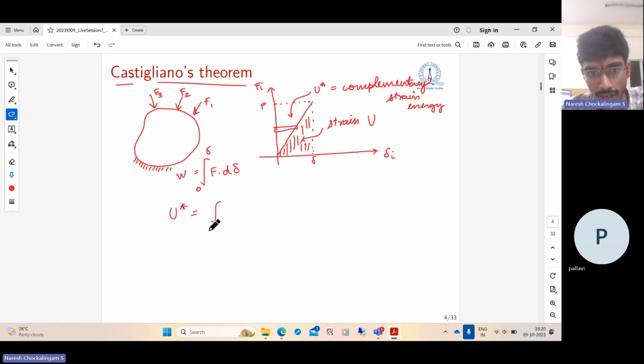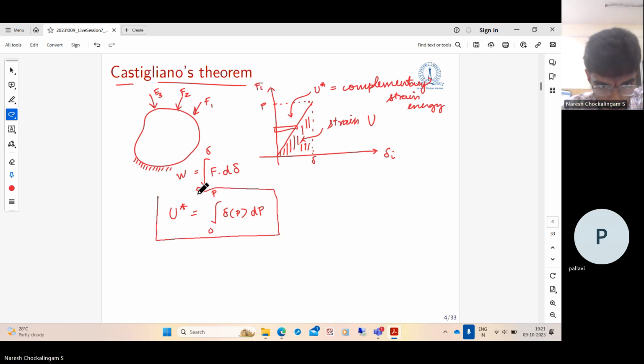U star is equal to integral 0 to P. You have the displacement as a function of the applied load P, and you're integrating over incremental loads. So this is the complementary strain energy. Up to this point, it is fine.